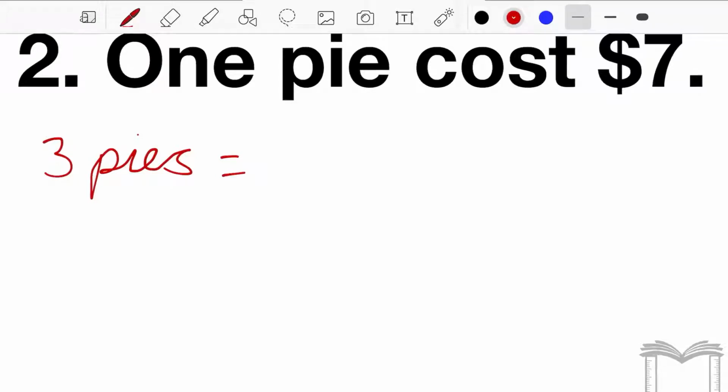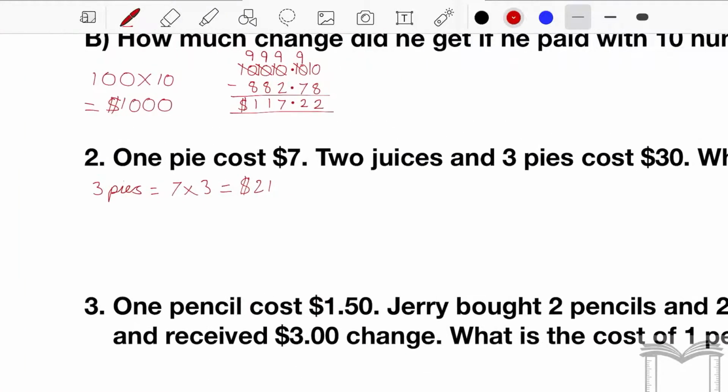Three pies will cost you 7 times 3. That will be $21. They told us that 2 juices and 3 pies cost $30.